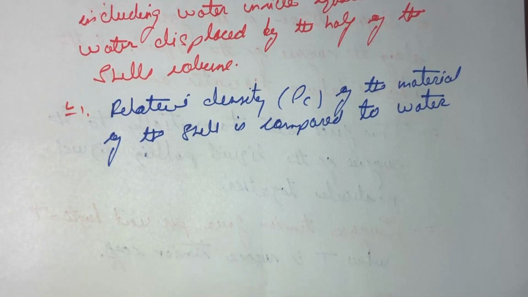Because the important part is that the uniform cylindrical shell is floating vertically in the half submerged state. So for it to be floating vertically, it should be in equilibrium.